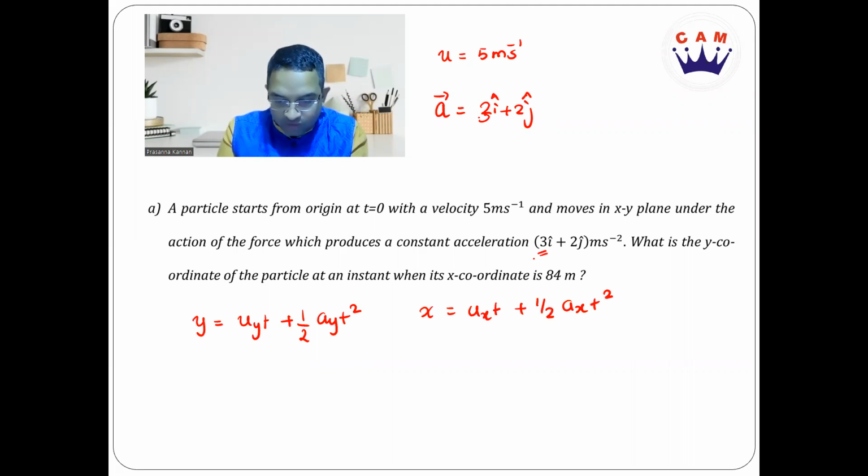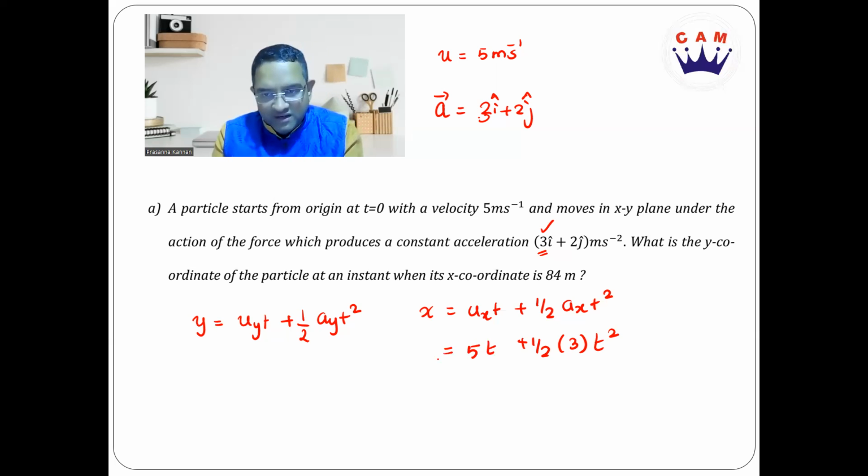What is the acceleration along the x-axis? Not 0. In this case, 3. 3 is the acceleration along the x-axis, and your initial velocity along the x-axis is 5. So 5t plus half 3t square is equal to the x distance, which is 84.